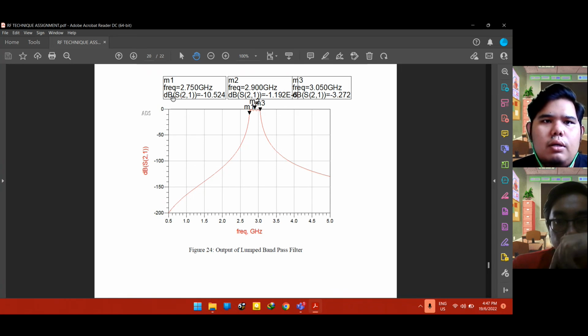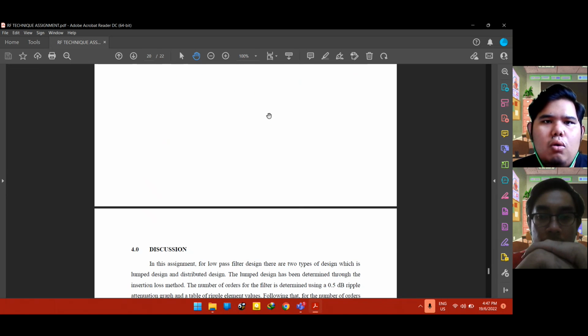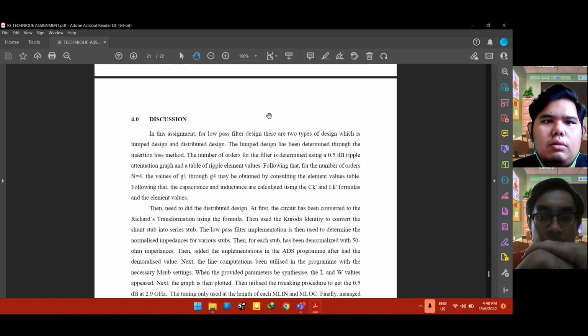For M1, we put F1 2.75. For M3, we put F2 3.05 gigahertz. For M2, we put the center frequency, which is 2.9 gigahertz. So that's all for the result.